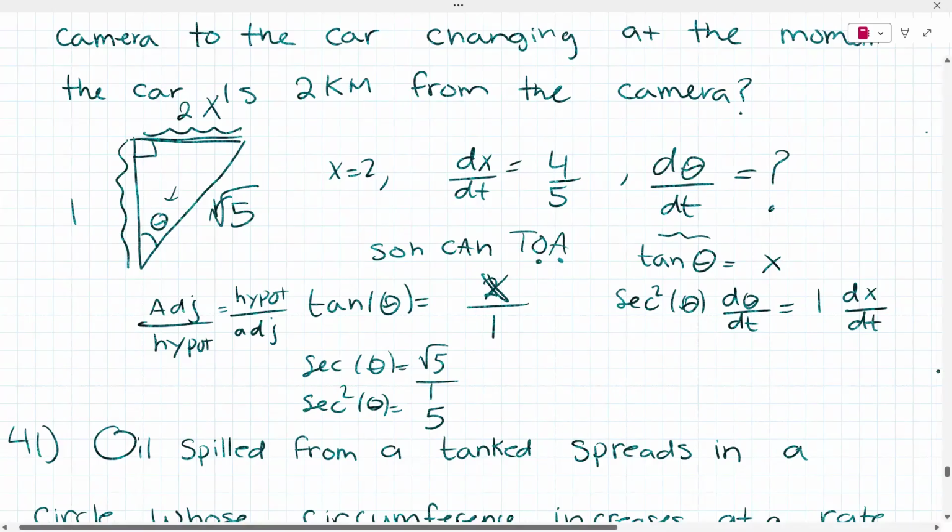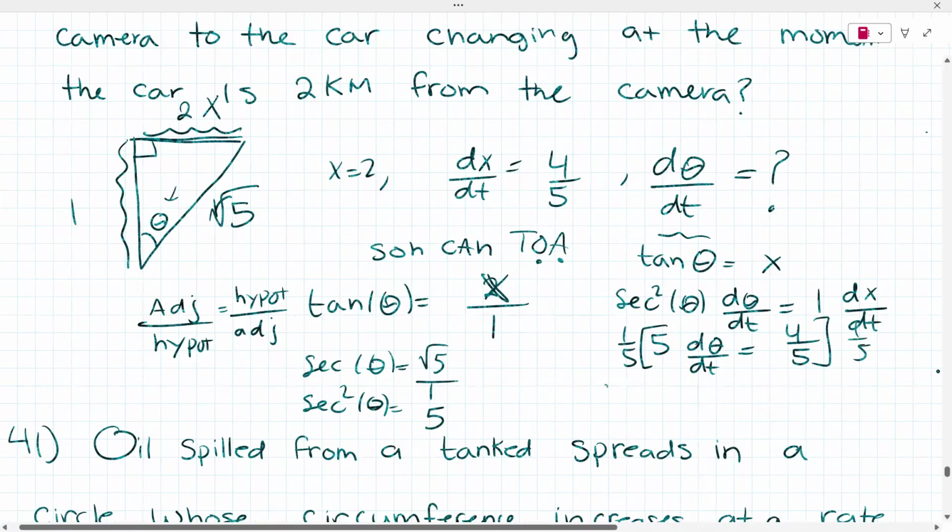So secant squared theta, we just saw that, is 5. We have 5 times d theta over dt equals 4/5. dx/dt was given, it was 4/5, right? Now we have to solve for d theta/dt. So get rid of this 5 by either dividing by 5 or multiplying by the reciprocal, which is 1/5.